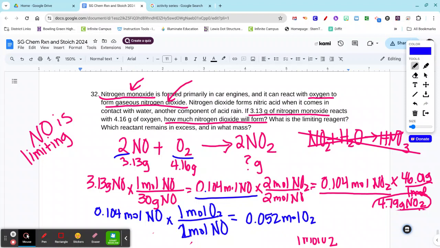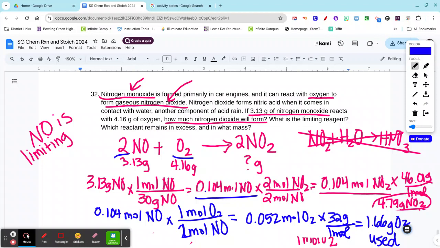And then to find my mass, I'm going to multiply by my molar mass of O2, which is 32 grams for every 1 mole. And then that gives me 1.66 grams of O2. Now remember, when I start with limiting and I go to my other reactant, this is how much I use up. This is used in my reaction.